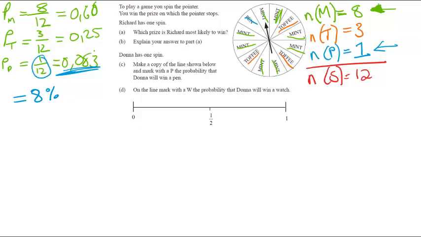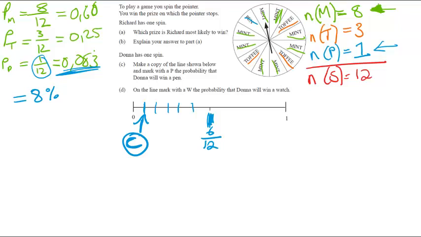We want to do a fraction. Because our fraction is over 12, instead of it being 1 over 12, I'm going to make 1 over 2 into 6 over 12. So 1 over 12 is going to be somewhere over there, assuming that I have 5 equally spaced numbers over there. So the probability for Donna getting a pen is over there.